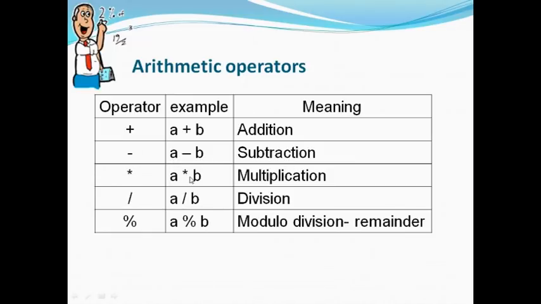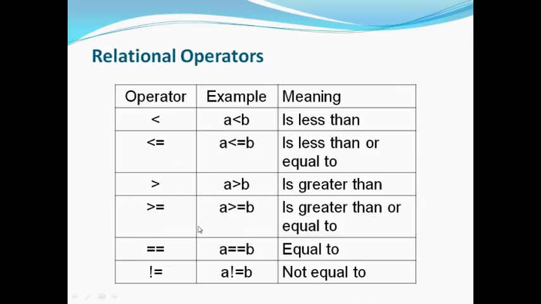Star, A star B, which we call multiplication. Slash is used for division, and modulo is A modulo B, where we give the remainder of the modulus. If it is A modulo B, what is the remainder? That becomes the answer for modulo.